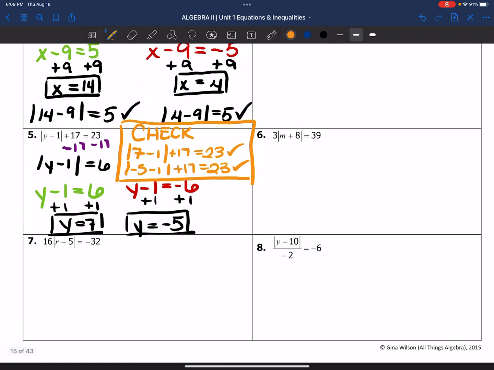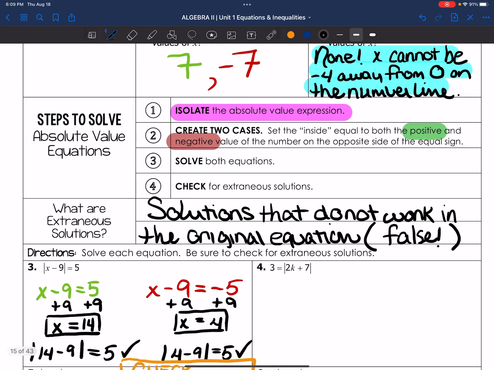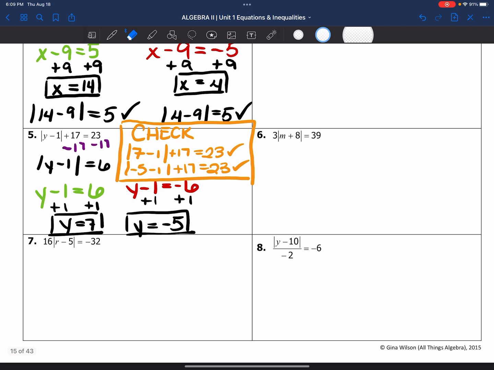Last problem here, you guys, that we are going to do in this video. We're looking at problem 7. Remember our steps. Step number 1 is to isolate the absolute value expression. Right now, I've got a 16 and it is in front of my absolute value symbol. It is therefore multiplying with it.